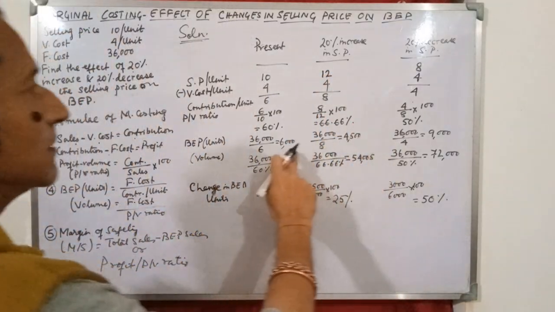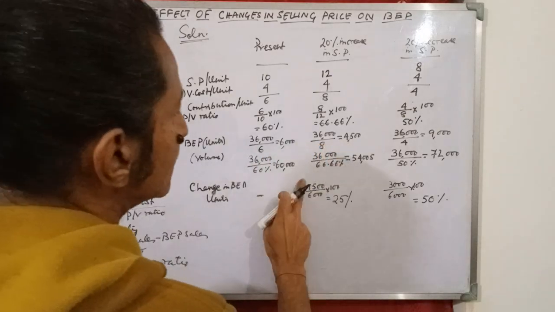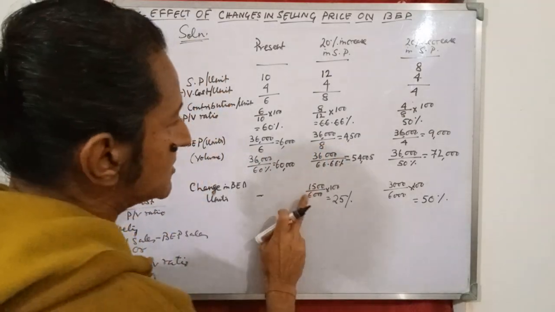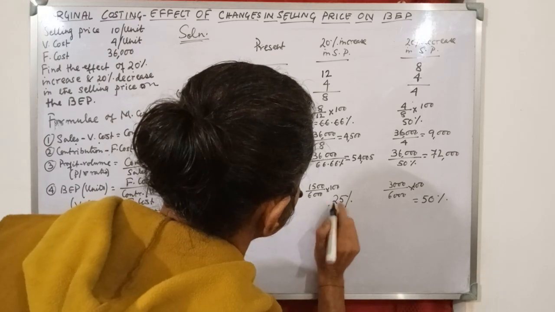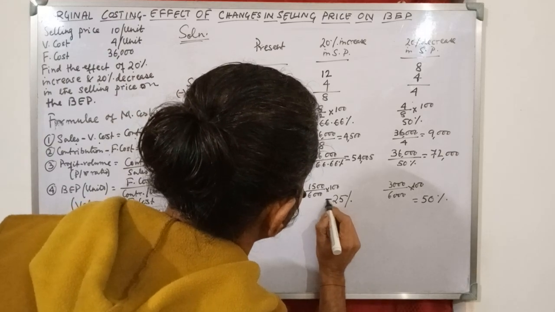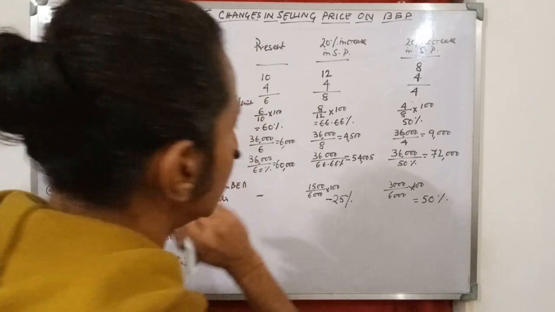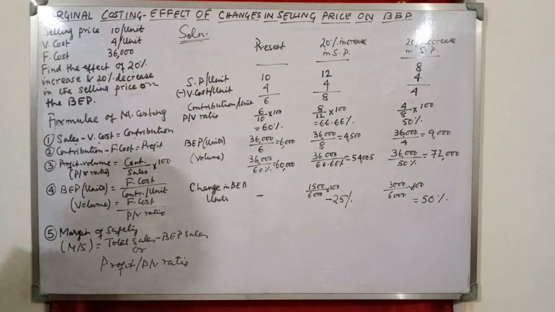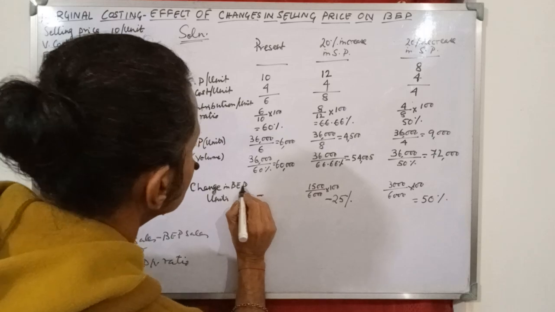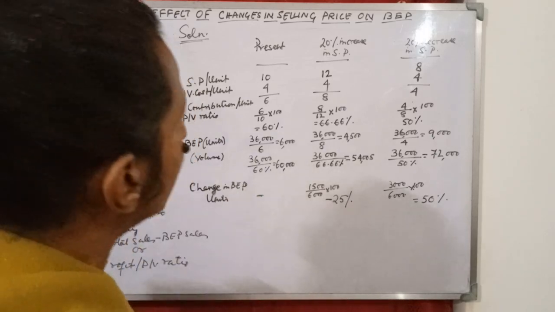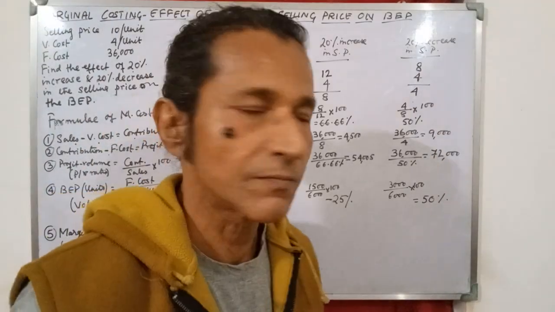That means BP has fallen by 1,500. So this change is negative, minus 25%. That means BP in terms of units is falling by 25% when the price is 12 per unit.